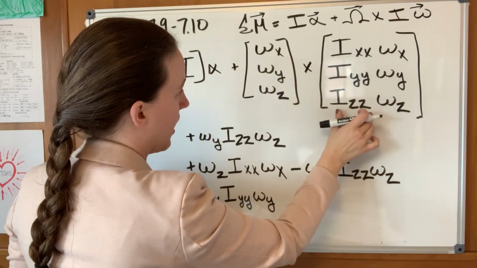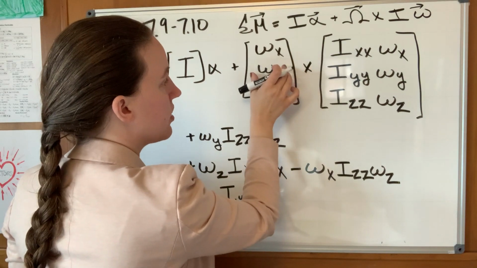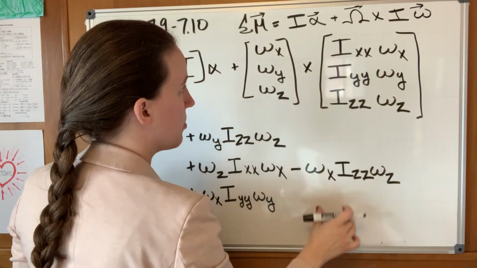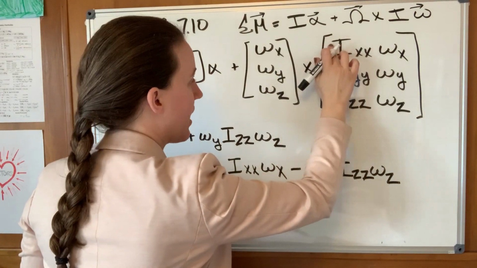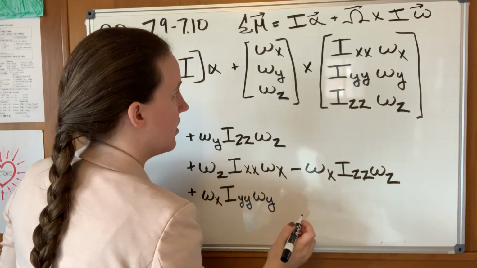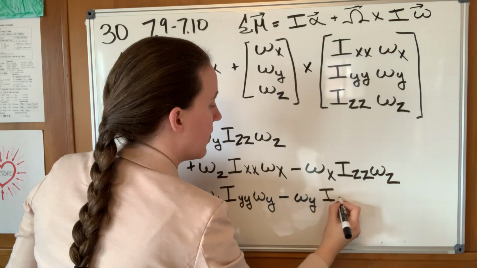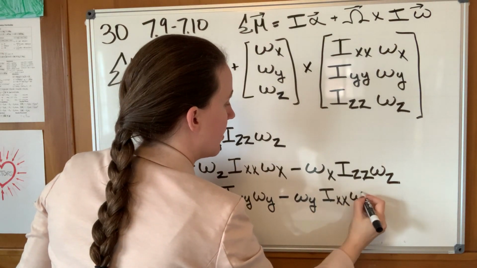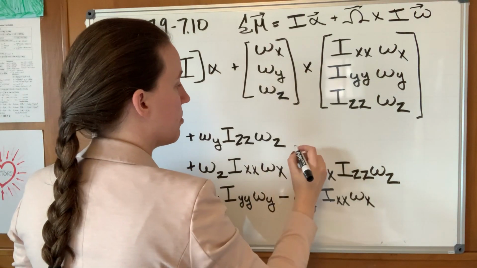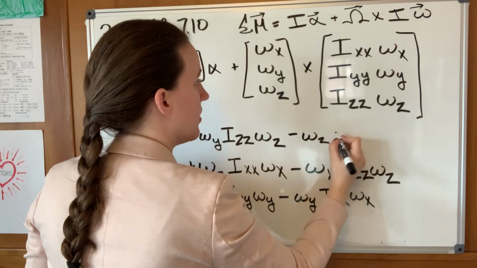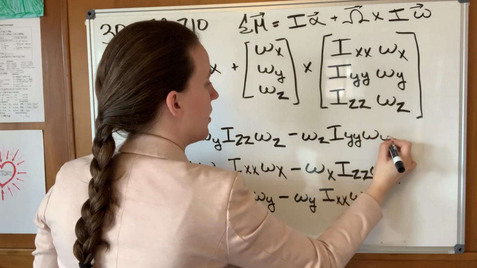I want to go backwards, so k cross i, and i cross j is going to be in the negative k, so I yy omega y... And the term I xx omega x. And now I'm going to take this term cross this term, and that's going to be in the negative i term. So now we've got negative omega z I yy omega y.